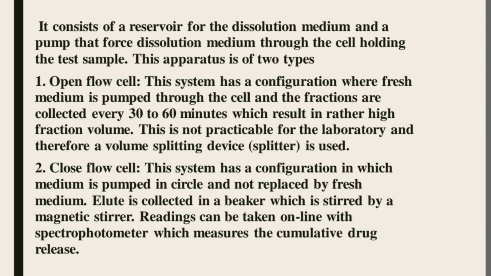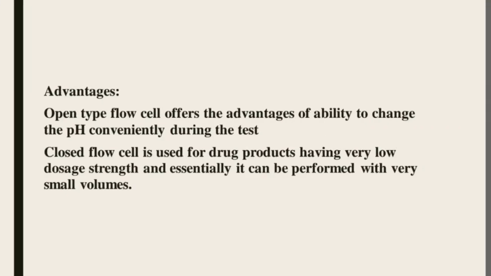Closed flow cell apparatus. This system has a configuration in which the medium is pumped in a circle and not replaced by fresh medium. Eluate is collected in a beaker which is stirred by a magnetic stirrer. Readings can be taken online with a spectrophotometer which measures the cumulative drug release.